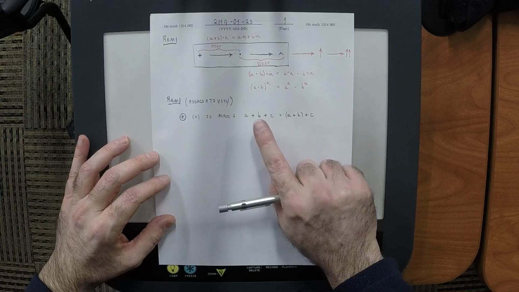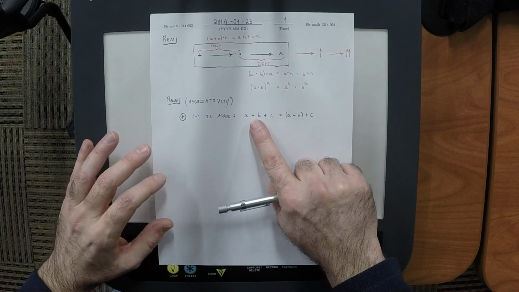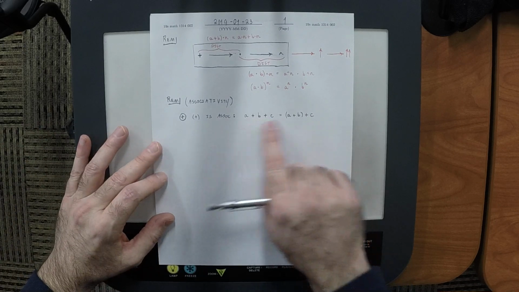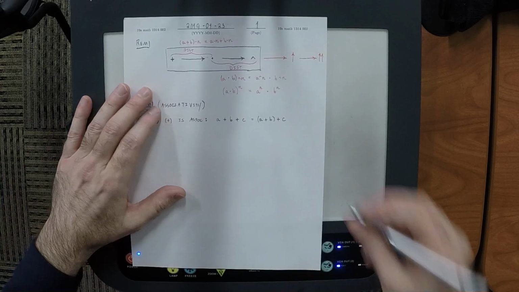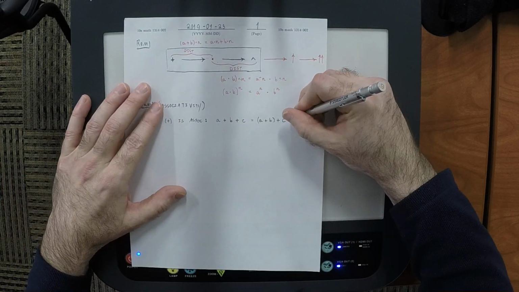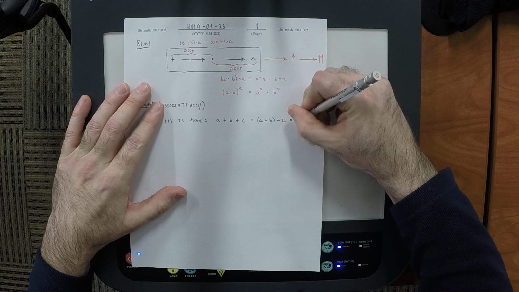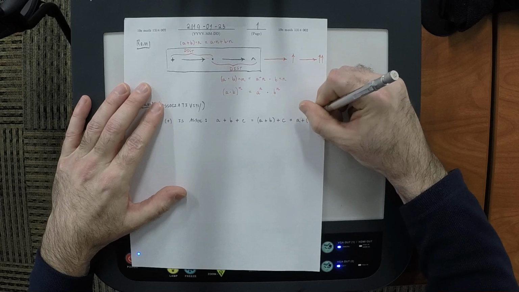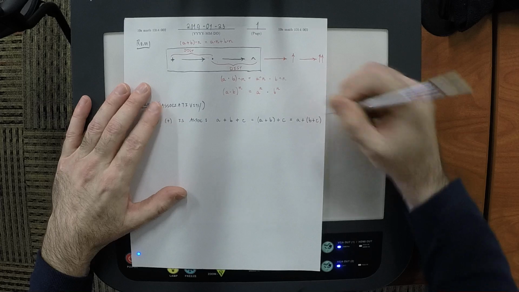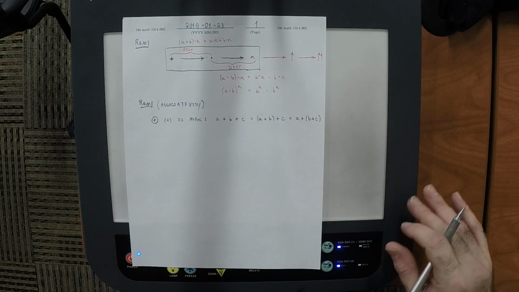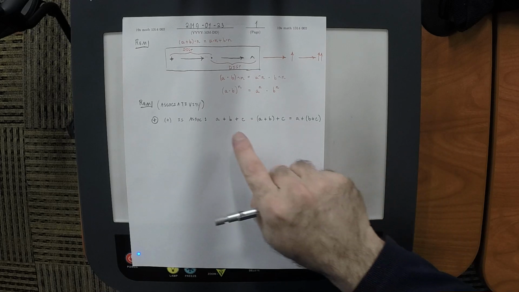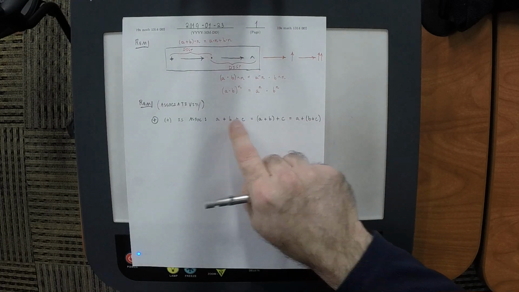But the order of operations already said that that one happens first. So nothing new has been said so far. Associativity comes in when you say that, in fact, this is also equal to A plus, B plus C. So it's saying that you can move the parentheses over to the next pair and do it that way. So associativity is the statement that all of these are the same.